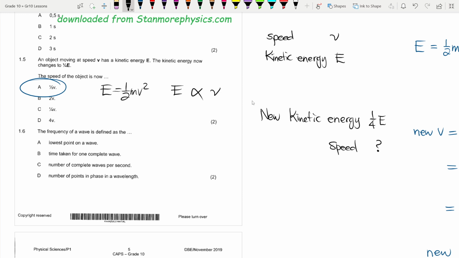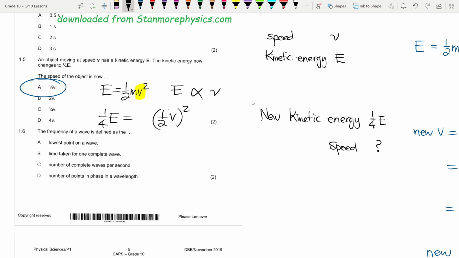Therefore, because there is a square, if there is no square, like M, then whatever factor the other one is having, it's going to be exactly the same. But because there is a square, this means the factor has to be under the square root. So in other words, if I need to find 1 over 4 of E, then I need to take the square root of 1 over 4, which is 1 over 2.